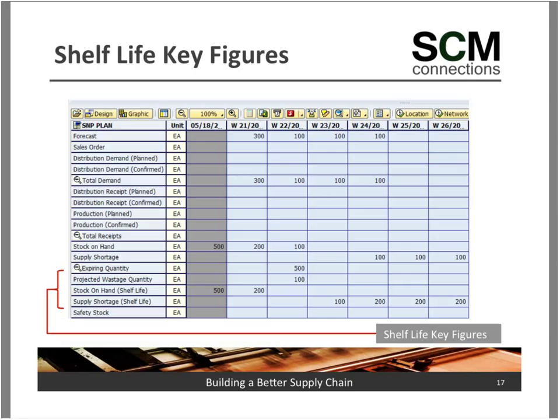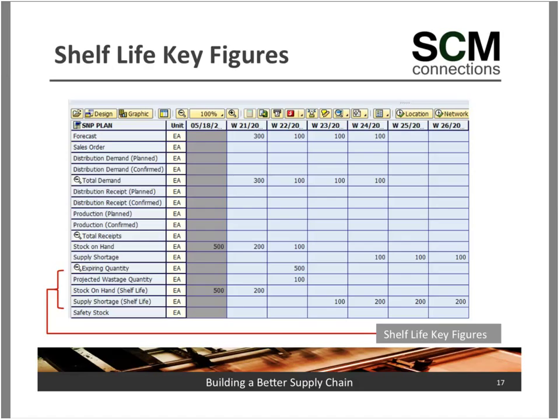And what SAP essentially does is utilize dynamic pegging to determine what the wastage quantity is going to be. The expiring quantity refers to any supply, whether it's inventory, a planned order, or a distribution receipt plan. All of those will show up as expiring based on the expiration date that is calculated.